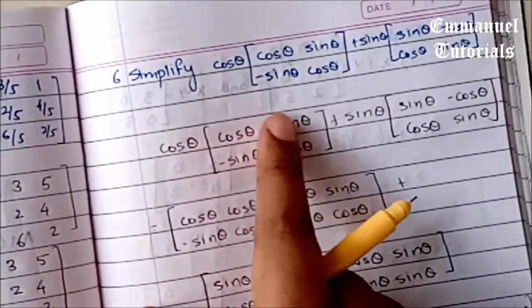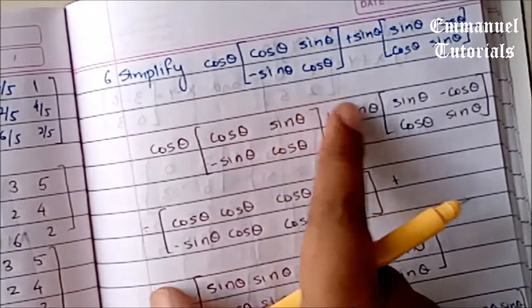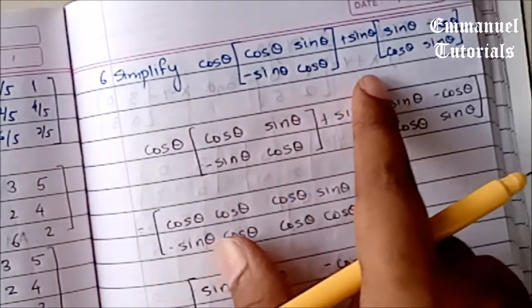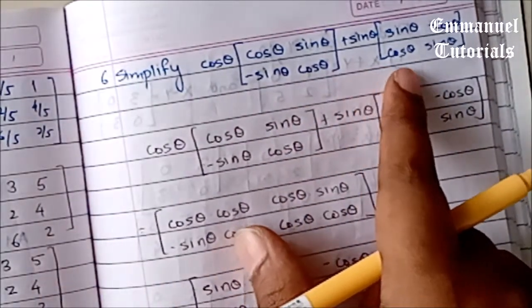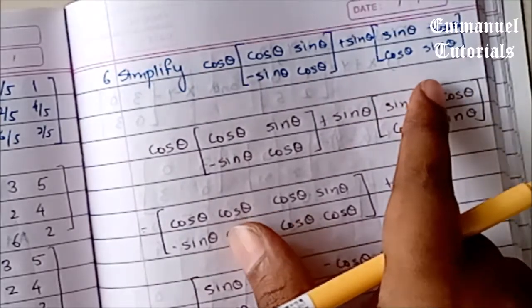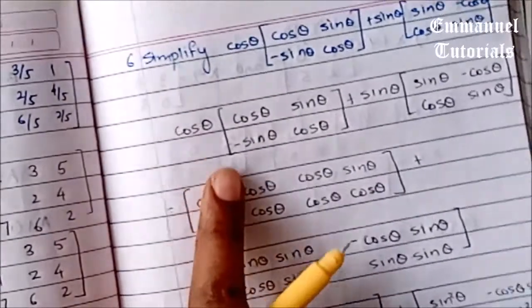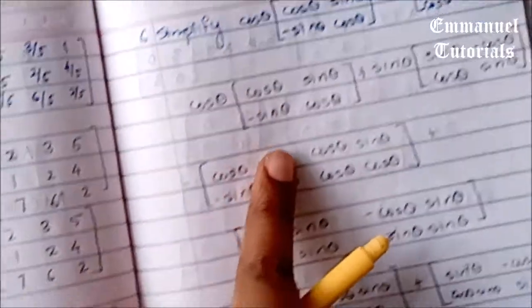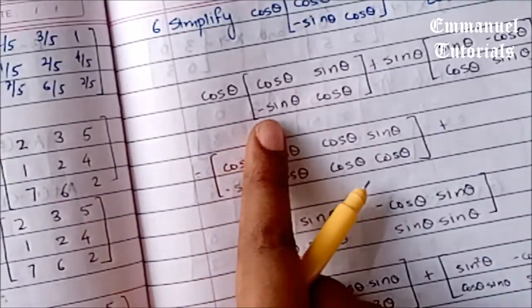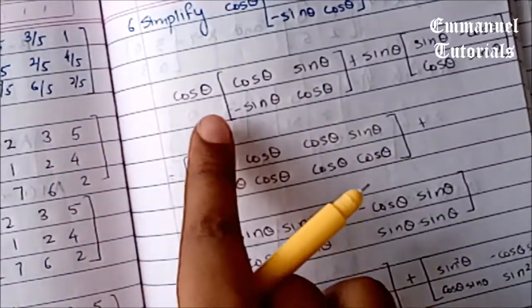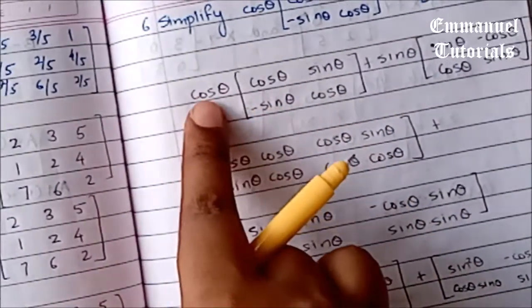Simplify cos theta into the matrix [cos theta, sin theta; minus sin theta, cos theta], plus sin theta into the second matrix, which is [sin theta, minus cos theta; cos theta, sin theta]. So let's write it again and multiply. Now we have to multiply cos theta by the first matrix, so multiply each element by cos theta.